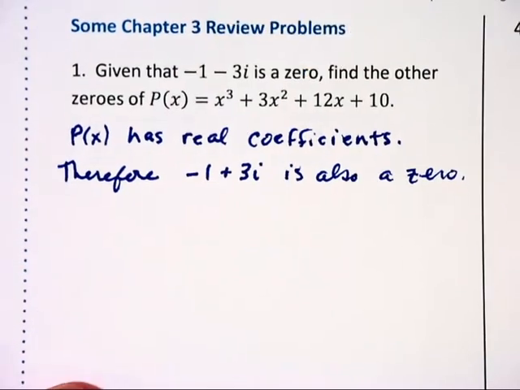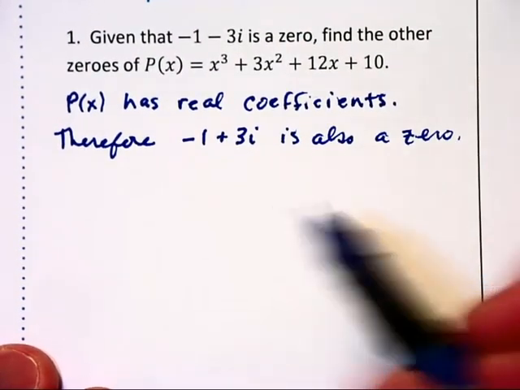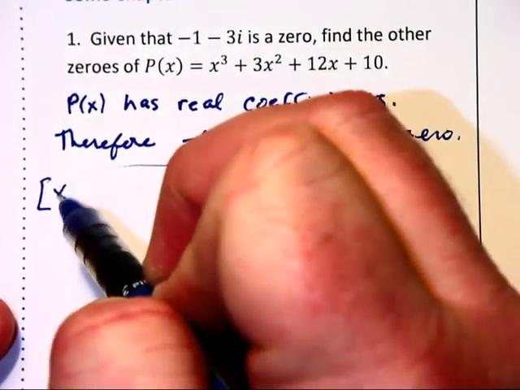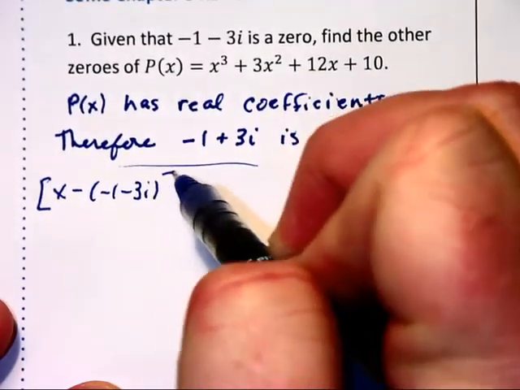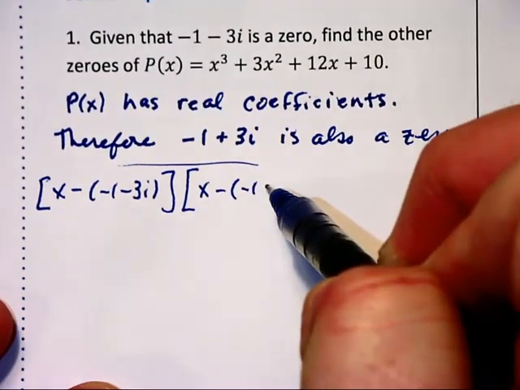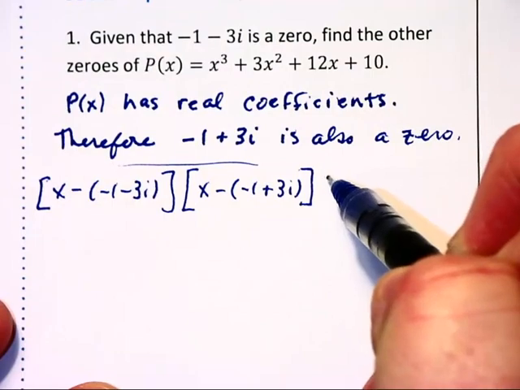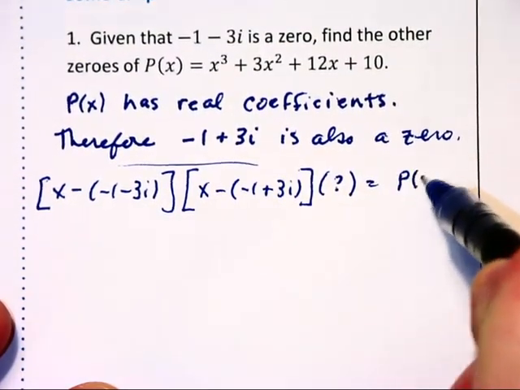Now, there are a couple ways of finding the third 0. One way, and not the way I recommend, is for you to say x minus the -1 minus 3i times x minus the -1 plus 3i times question mark is equal to p of x.